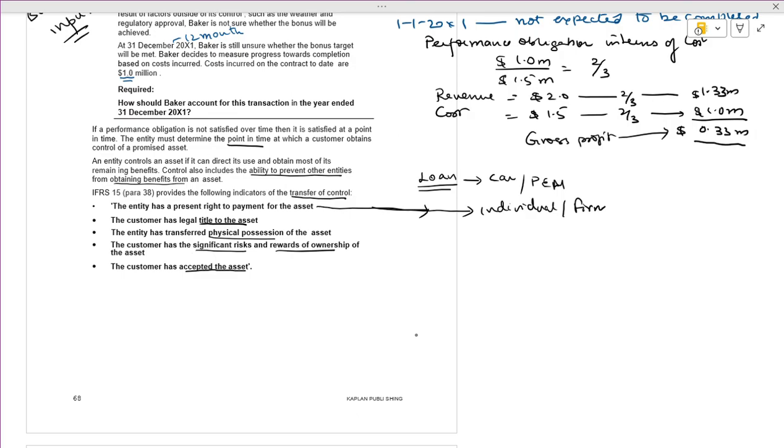Very clearly, this happens, because once the asset is sold, there is no return back. At that point in time, IFRS 15 revenue is recognized.